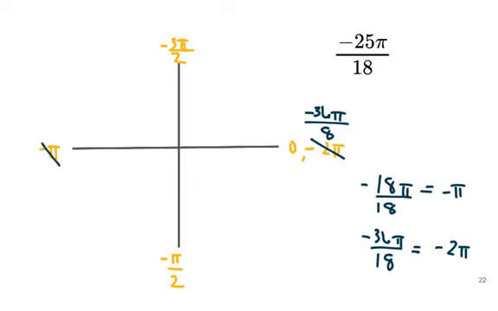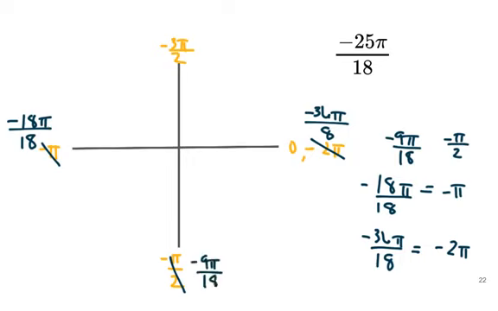Yes, you could reduce that down to pi, but the whole point is we don't want it canceled, because without it canceled, it allows us a point of comparison. Okay, negative pi over 2 is going to be negative 9 pi over 18, right?